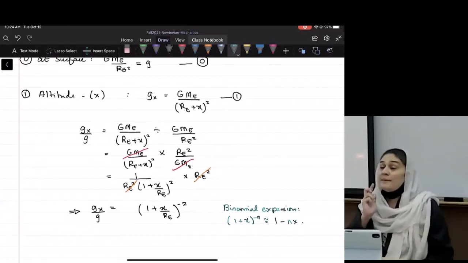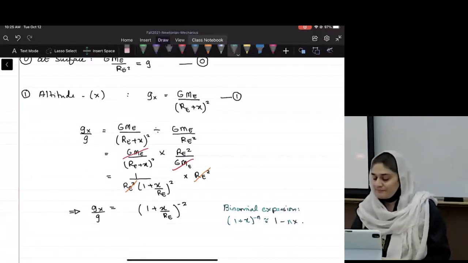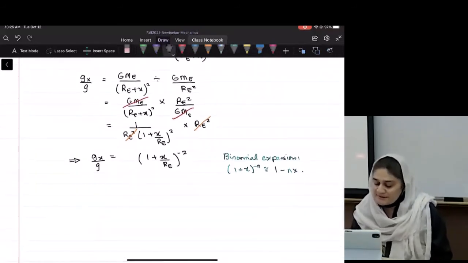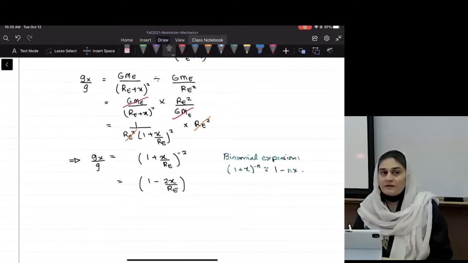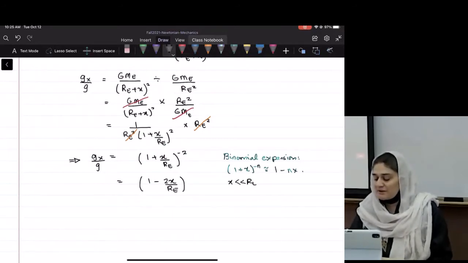But if x is small, we can ignore all of the other terms. So then this means, may I rewrite this as 1 minus 2x over R_E? This only works when x is much, much smaller than R_E, right? And this term is tiny.